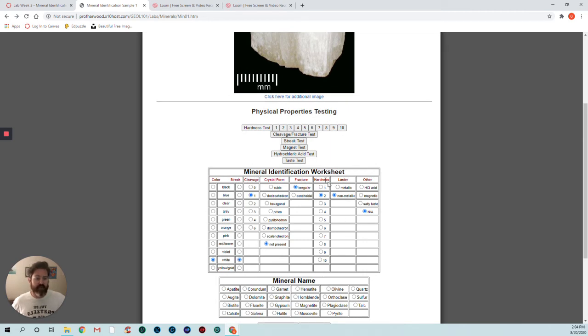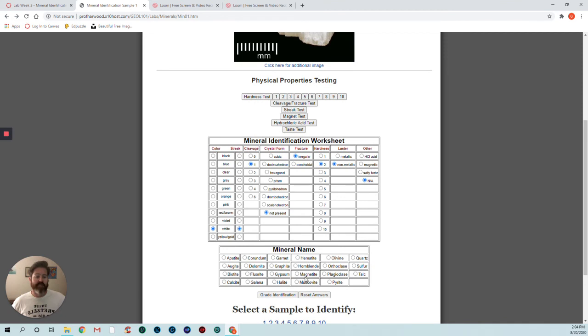So I've done all of these. This is where I'm at. A hardness, 1 cleavage plane, a white mineral, irregular fracture, hardness of 2, non-metallic. Based on the hardness and based on the cleavage, I would guess that, what do we know that is a usually whitish mineral that is relatively soft. You can scratch it with your fingernail.